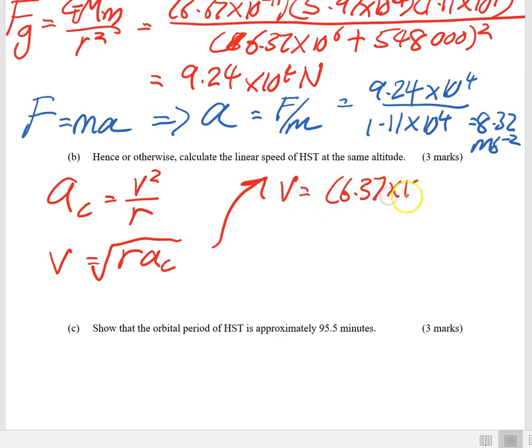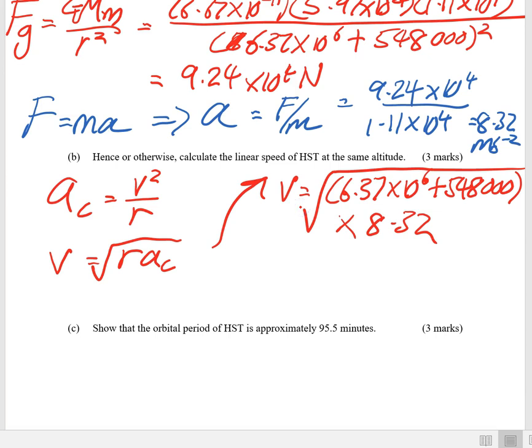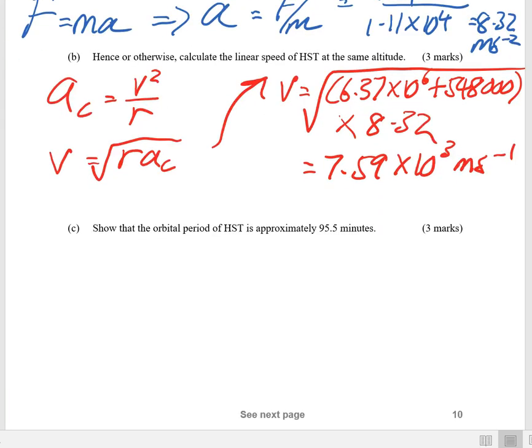Make sure you write down everything: 6.37 × 10^6 plus 548, 3 zeros, and you multiply by the centripetal acceleration, which is the 8.32 from the previous calculation. And don't forget to square root the entire term. The answer is 7.59 × 10^3 meters per second. Remember, all satellites are traveling at high speed, so this is very common. If you get anything smaller, please do check your working again.